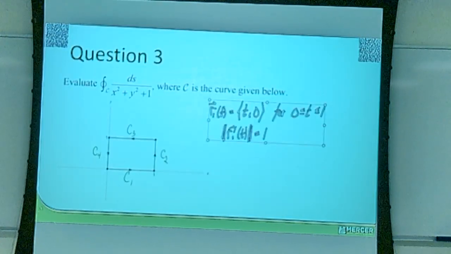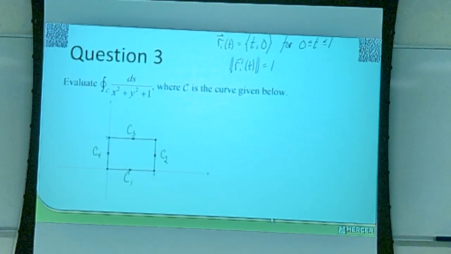Run out of room, so let's move this up here. R2, notice x is now fixed at 1, right? And y is going to go up from 0 to 1.